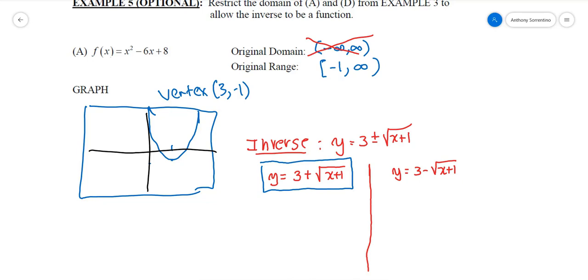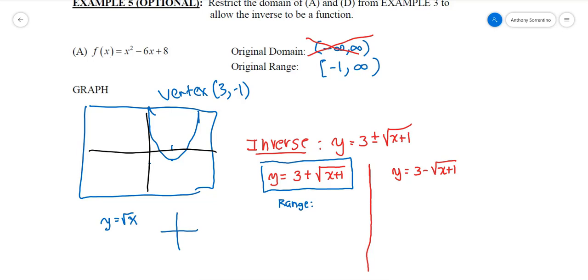If I have y equaling 3 plus the square root of x plus 1, and I want to know stuff about this range, this goes back to some of our graph transformation things. We have a parent function of y equals the square root of x.